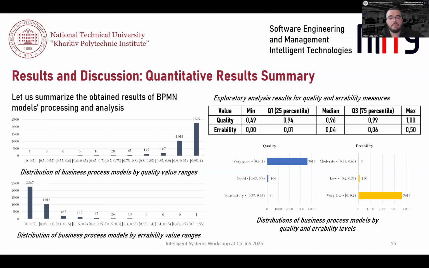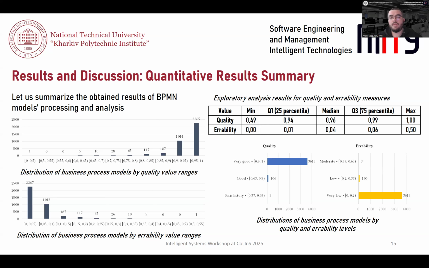We have also completed the exploratory analysis of results for quality and errorability measures and found that the minimum quality measure for analyzed BPMN models is 0.49, and 25% of models are above the 0.94 measure rate.